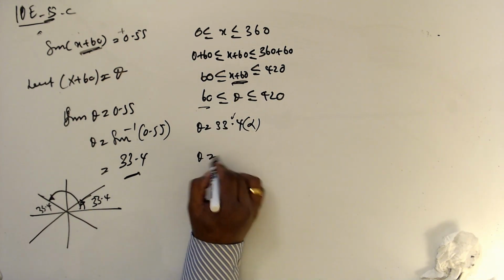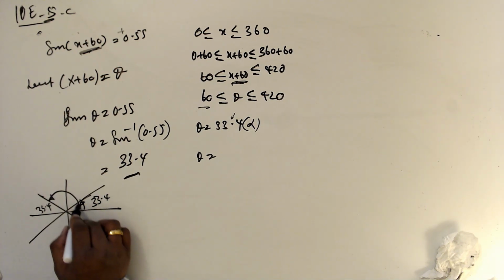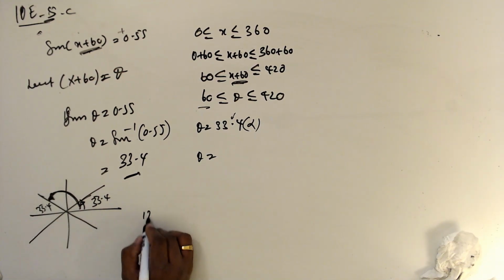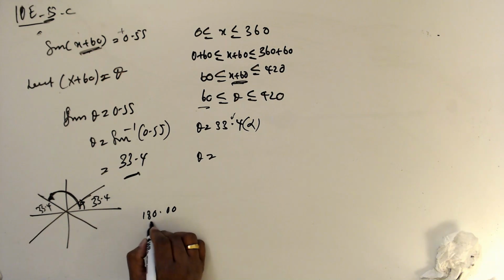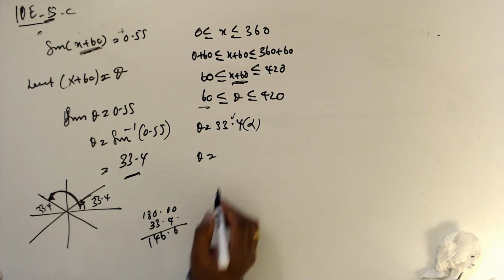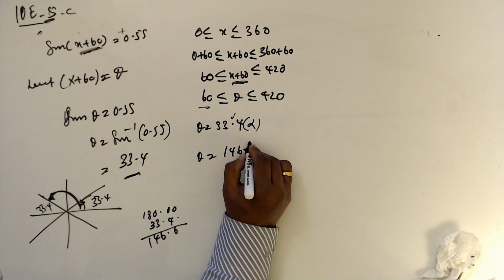And the other one is from here to here. It means you can find this one, 180 minus 33.4, 146.6.